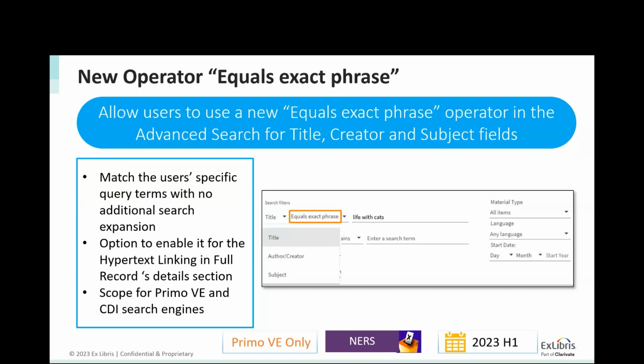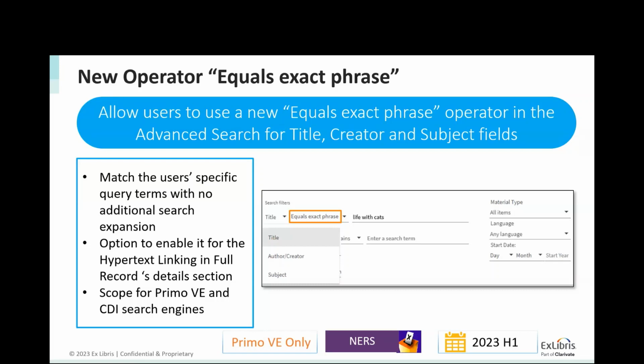So the community in this NERS request asked to allow the match for the specific user query with no additional string, and also remove the ability of the search engine to add some expansion to the search: exact and only as you requested.